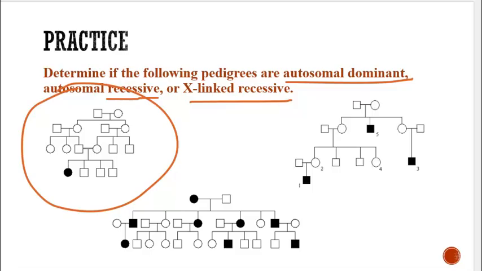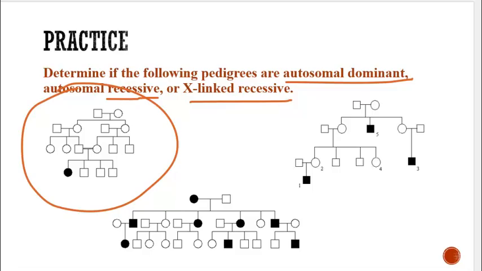For this one, since the only shaded in character is after a couple of generations and there's only one of them, for the most part, we're going to consider that it was probably a recessive genetic condition.